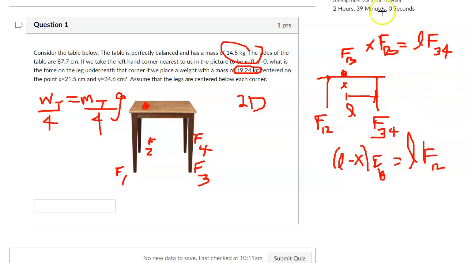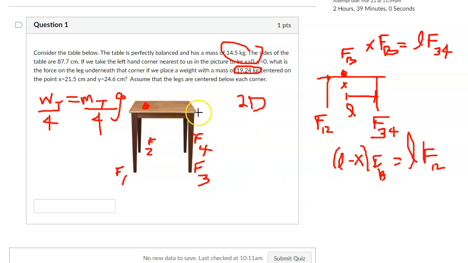So we've got two equations so far that are dependent on each other. They're not independent equations because it's the same plane. F34 is X over L FB, and F12 is L minus X over L FB.